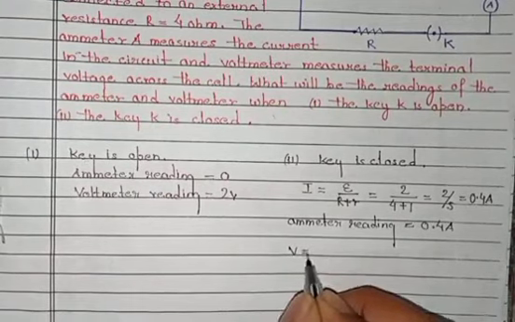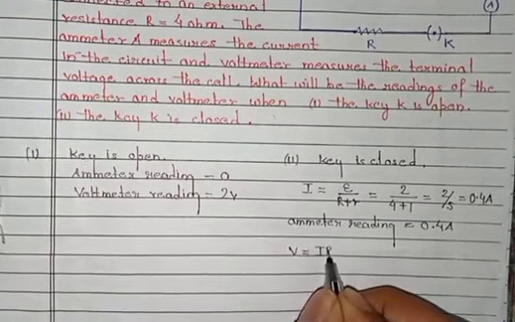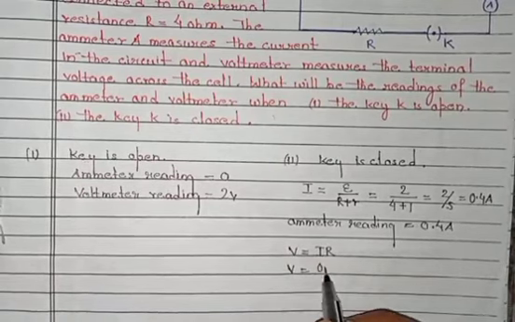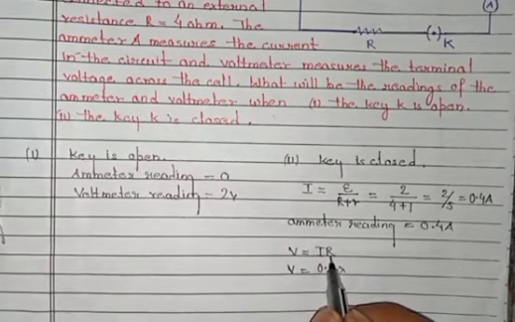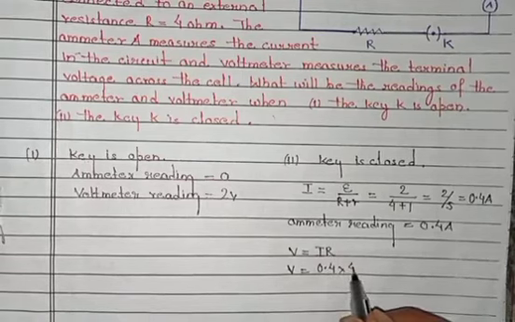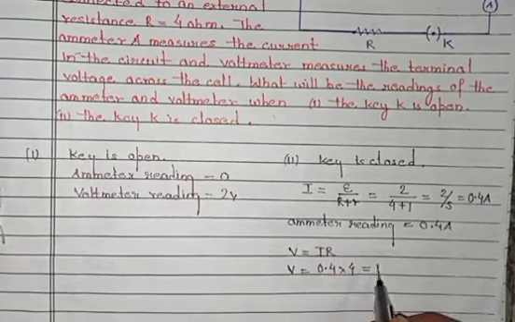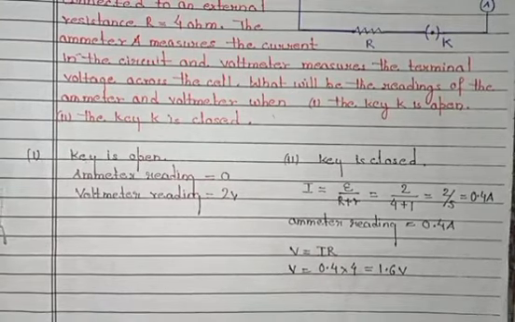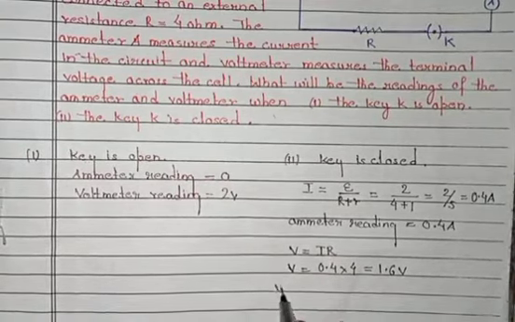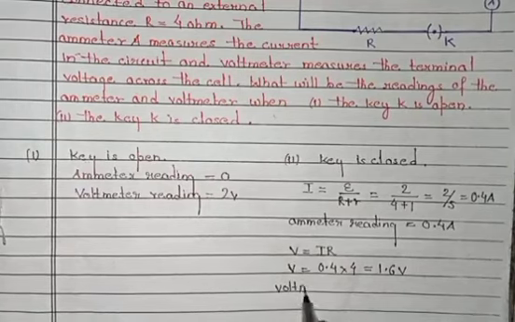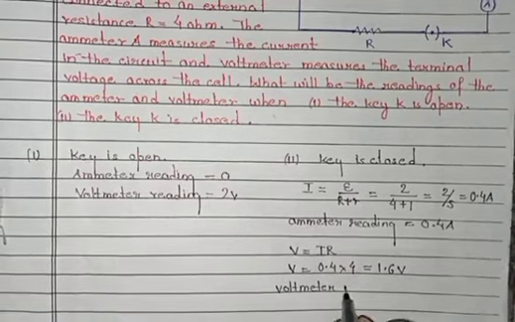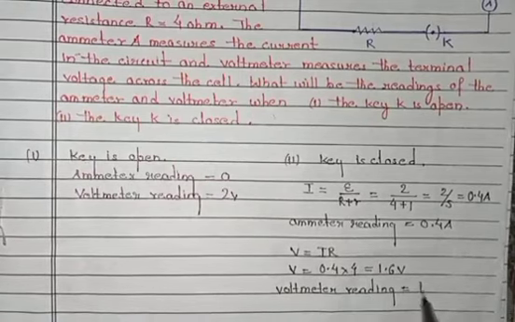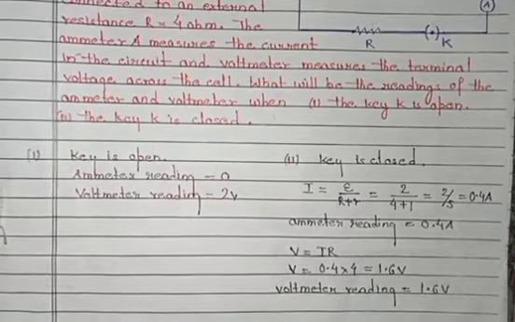The formula for terminal voltage is I into R. So here current is 0.4 and capital R, that is the external one, is 4. So the reading of the voltmeter will be 1.6 volt.